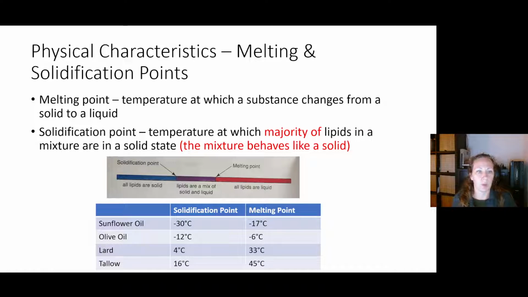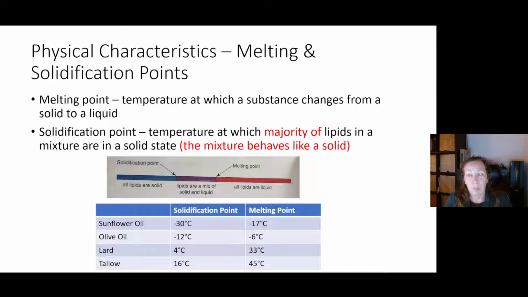The solidification point is the temperature at which the majority of lipids in the mixture are in the solid state. The mixture is now behaving like a solid. The reason I say this is that even in a much more saturated fat like tallow, there are going to be some fatty acids like arachidonic acid that melt at extremely low temperatures.